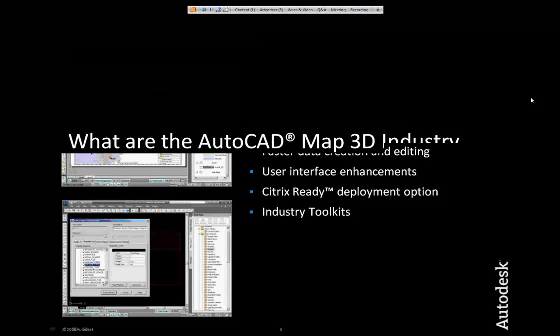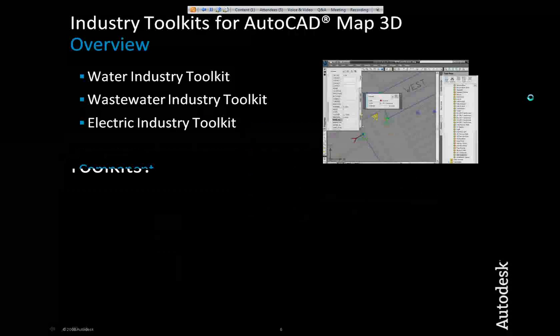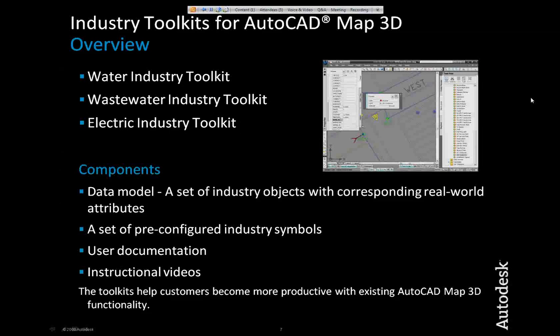So what are the industry toolkits? There are three industry toolkits. There's a water industry, a wastewater industry, and an electric industry. And today, again, we're going to focus on the electric industry toolkit when we get into the hands-on and the installation and using of toolkits. These toolkits consist of a data model, which is a set of industry objects with the real-world attributes built in.